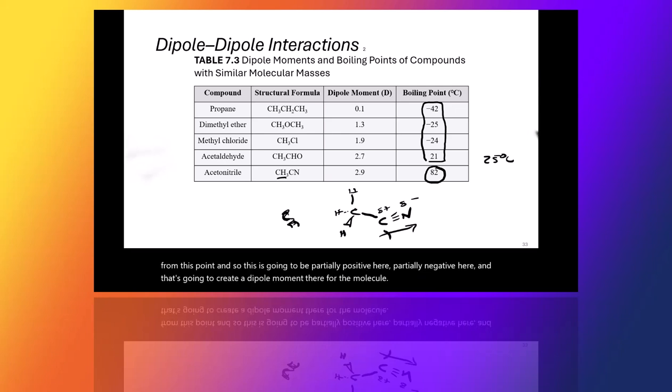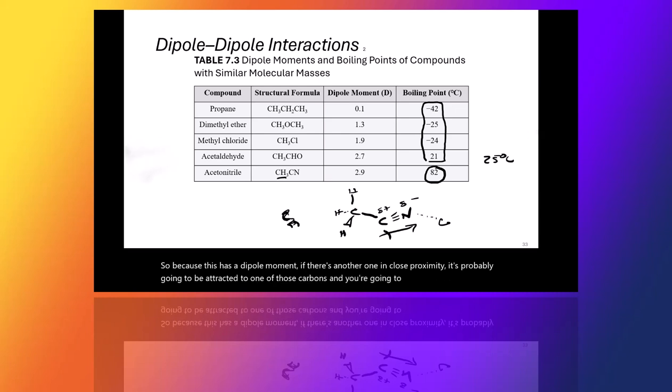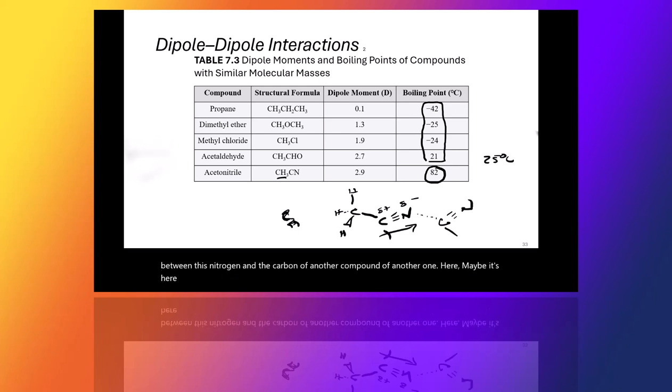So because this has a dipole moment, if there's another one in close proximity, it's probably going to be attracted to one of those carbons, and you're going to see intermolecular force between this nitrogen and the carbon of another compound, of another one here. Maybe it's here, and maybe you have that down here, and then you've got a hydrogen and a hydrogen coming out of the board, and hydrogen going back through the board.